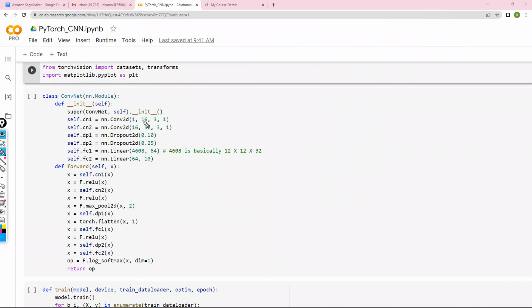Here, since we have 16 channels, if you apply 16 3 by 3 filters on 28 by 28 by 1, you'll have 16 layers coming out. Then you take those 16 and apply 32 3 by 3 filters on that. So the output will again have 32 channels at this layer.